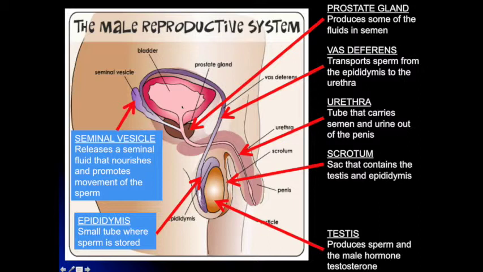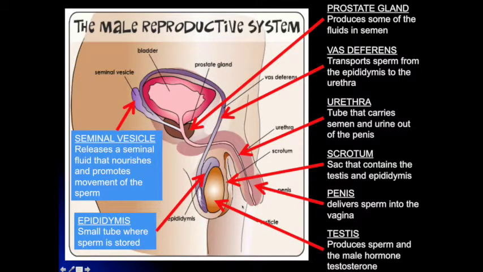And what do you notice? The seminal vesicle and the vas deferens both connect to the same tube where the urine comes out of your body. So you can say that your urine and your semen, that contains your sperm, use the same tube to exit your body.